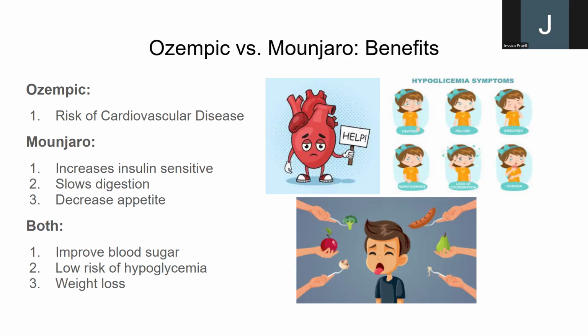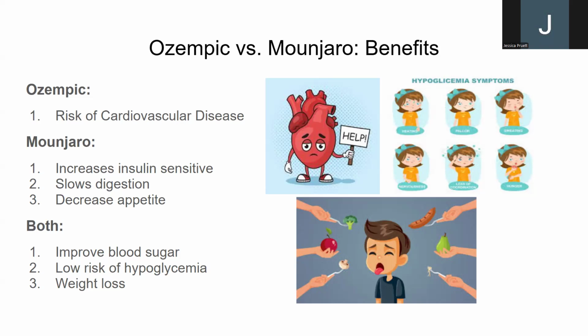However, they are different in benefits, such as Ozempic is able to reduce the risk of cardiovascular disease, meaning that it's able to decrease the probability of a heart attack or stroke.